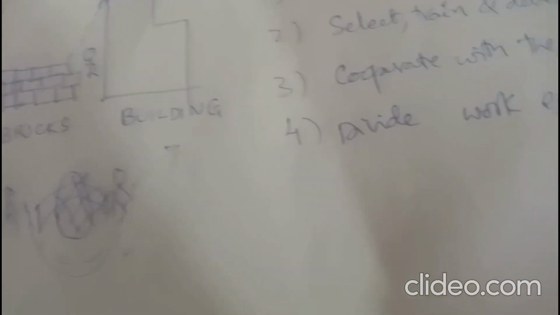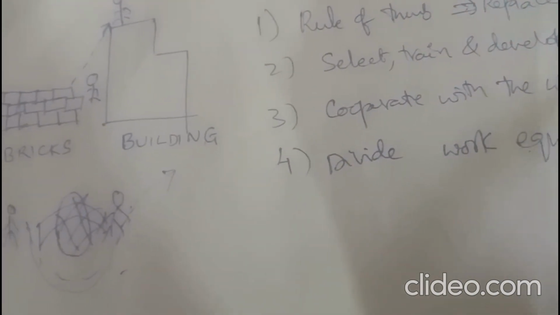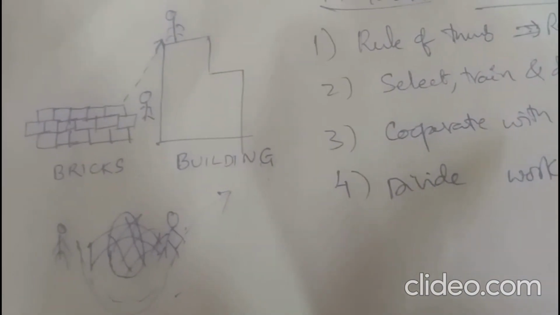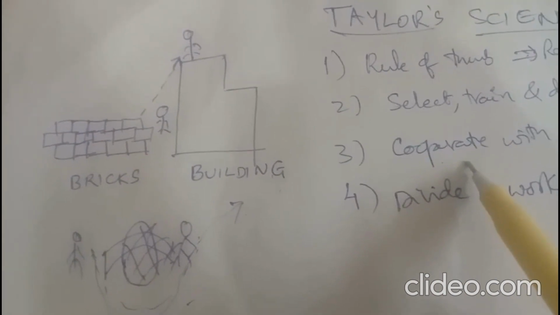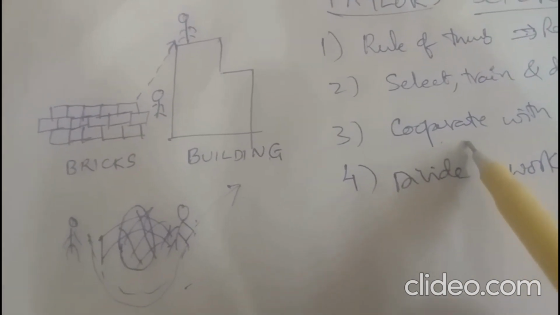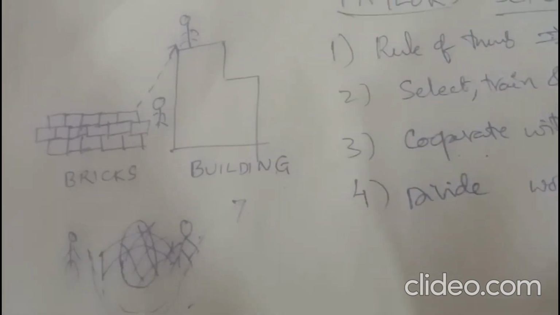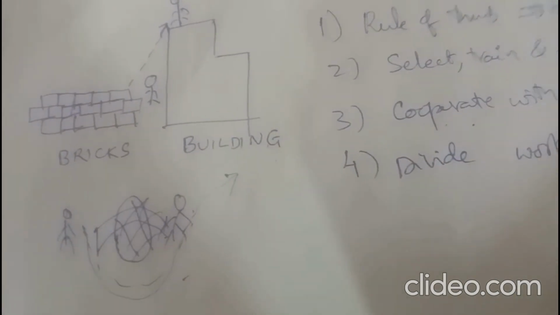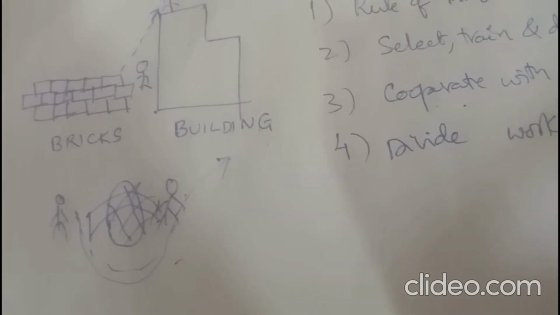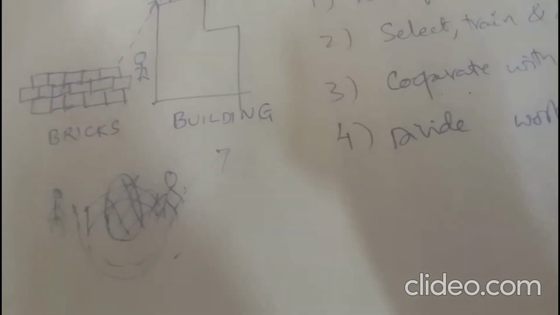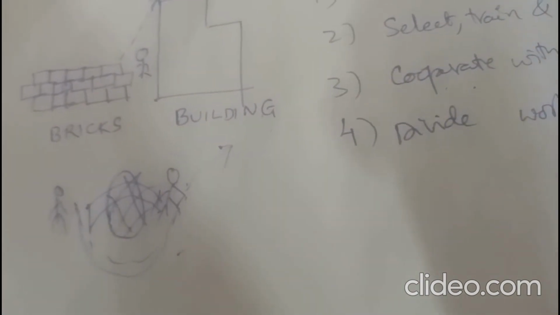And the third one is cooperate with the workers. That is, the workers should be dealt with softly, and the managers have to cooperate with the workers. Earlier, the workers were left to their fate on the place of production: you have to do so much work in a certain time, that's all.